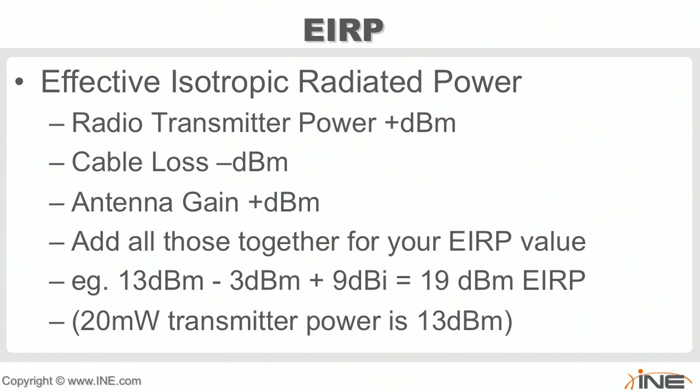If power is being sent out over a cable before it gets to an antenna, and it's a very short cable, it probably doesn't have much loss at all. If we're talking about maybe a half meter cable, then the cable loss is so infinitesimal that it's almost not even worth mentioning.